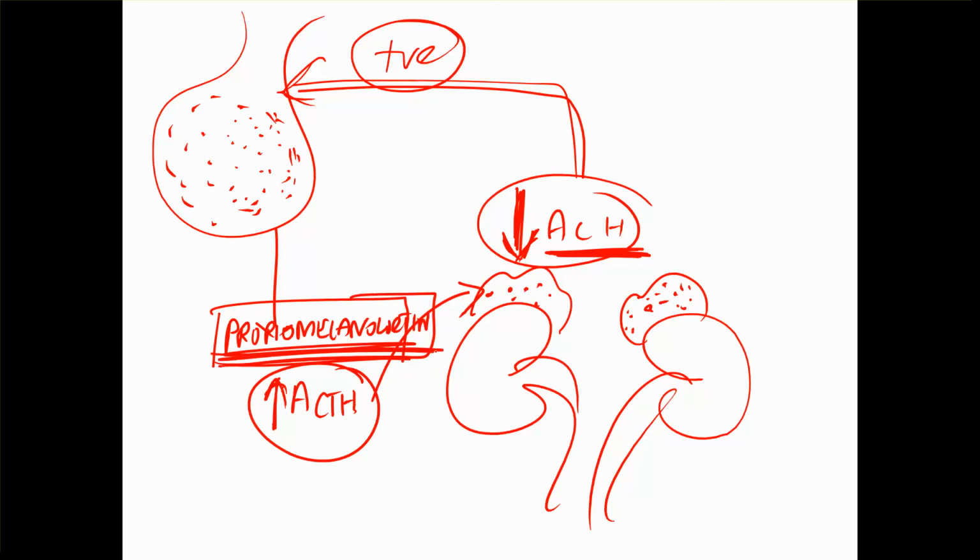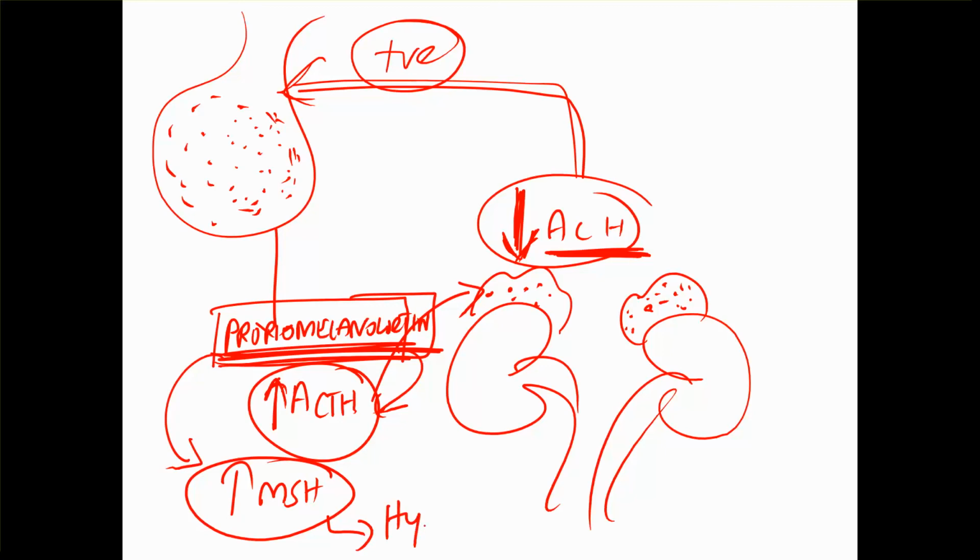This proopiomelanocortin not only produces ACTH, it also produces melanocyte stimulating hormone. So indirectly melanocyte stimulating hormone is also increased, and that results in hyperpigmentation. Understand?